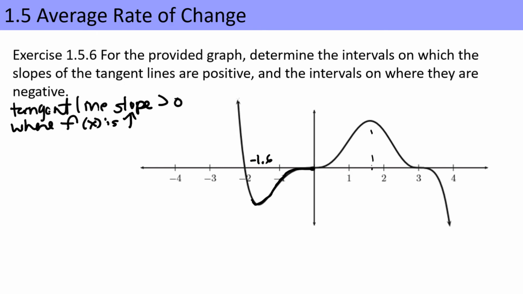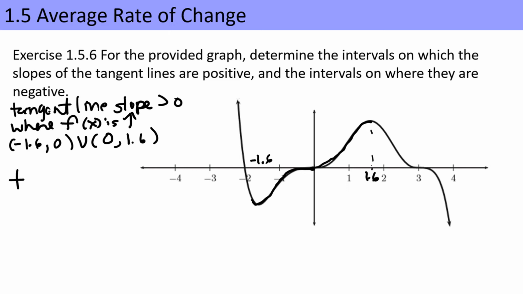The first interval in which that occurs is -1.6 to 0. And then it increases again from x equals 0 to what appears to be +1.6. So we'll say union from 0 to +1.6, and that appears to be the only two intervals on which the graph is increasing.